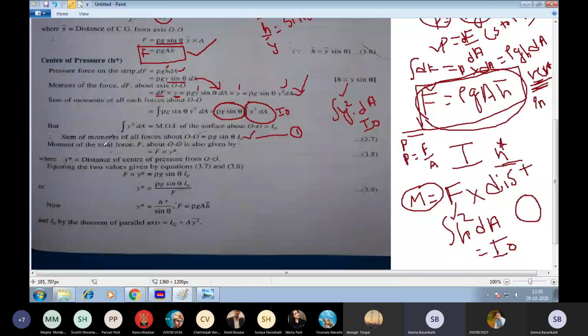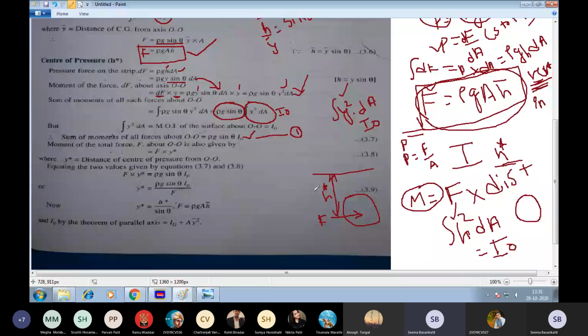Now the moment of total force. If you consider this entire surface, then you have to identify the force exerted on the entire surface, acting at a distance h star.